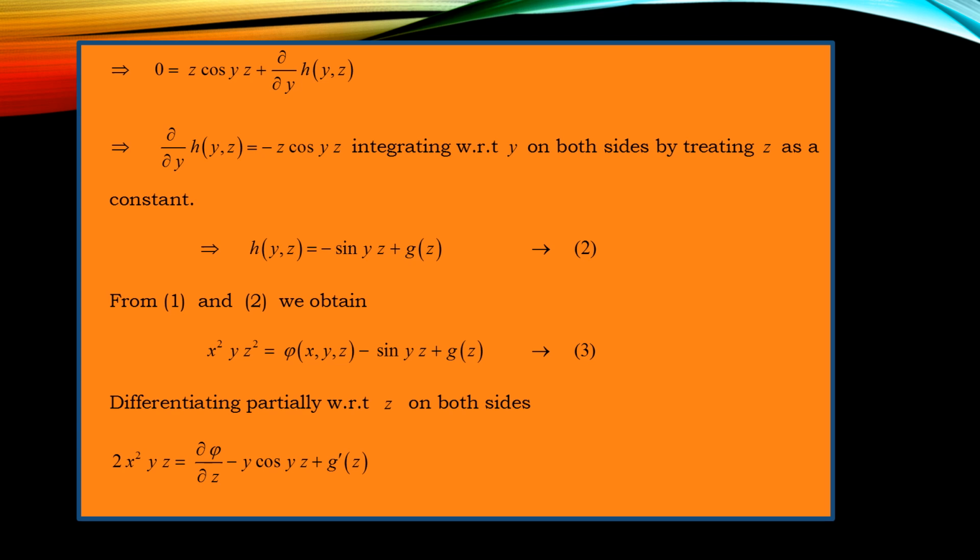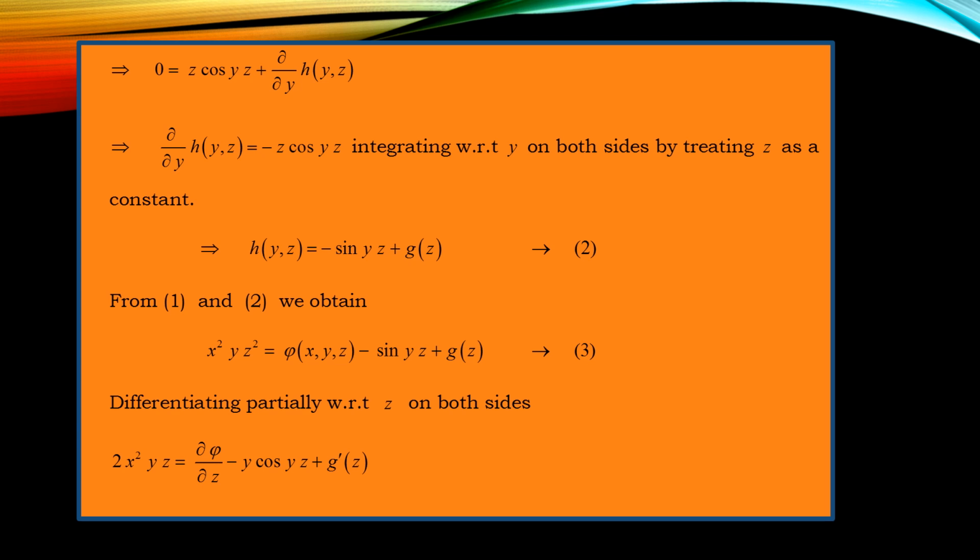Then we get h of y, z is equal to minus z sin yz, whole divided by z, plus some constant. This gives us h of y, z equals minus sin yz plus g of z. In this equation, g of z is an integrating constant in terms of z.